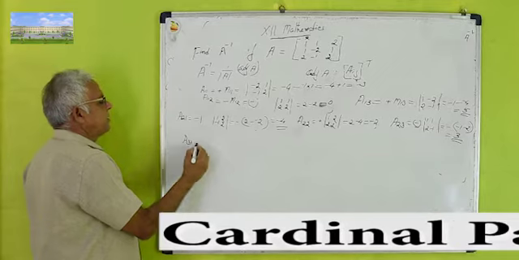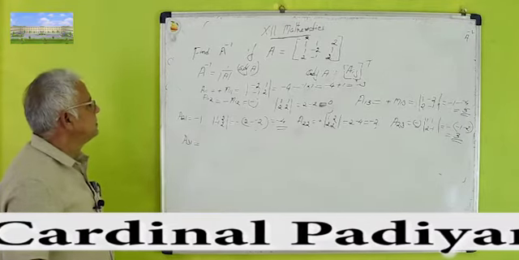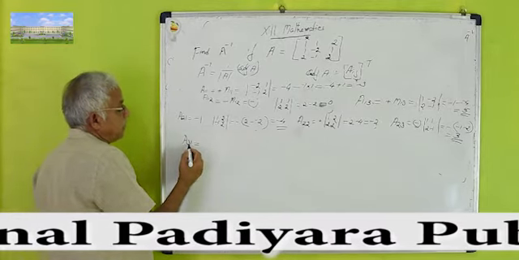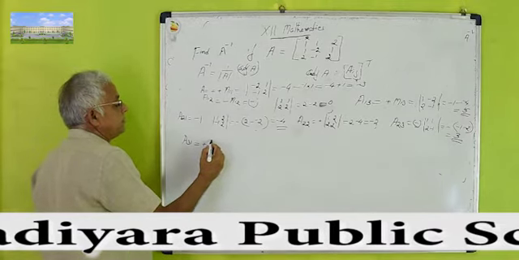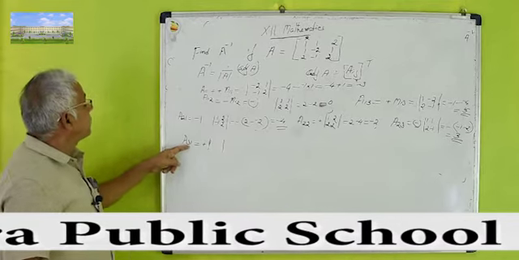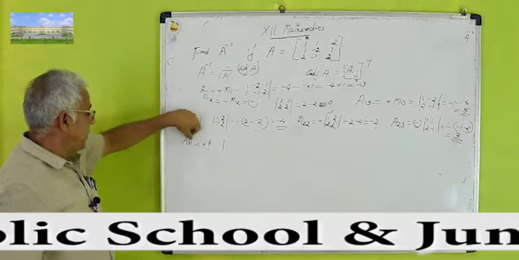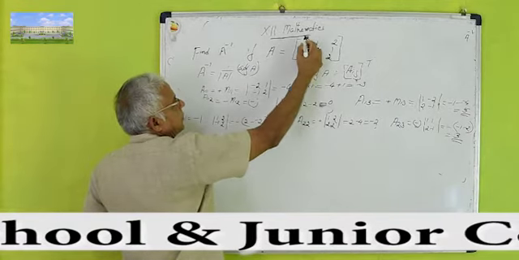A31: the suffix sum 3 plus 1 is 4, an even number, so positive, into M31, the minor of the element 3, 1. Delete the third row and the first column.